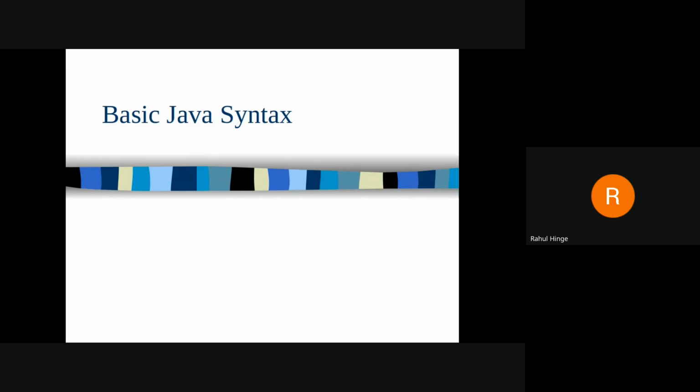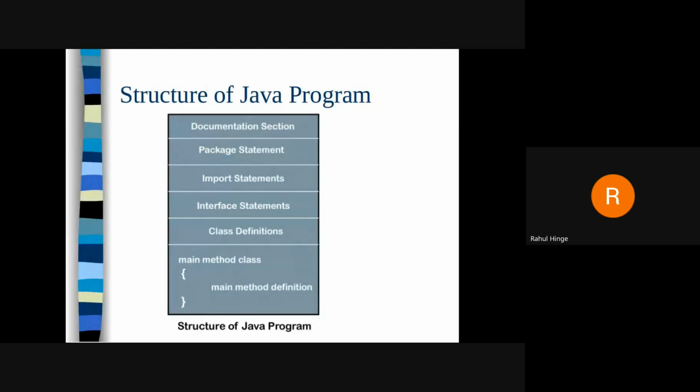The Java programming language, how we can learn those things. So first of all, I would like to explain the structure of a Java program. Whenever we are writing any program in Java, it should be in a structured manner. Some of the blocks are compulsory, some of the blocks are optional.